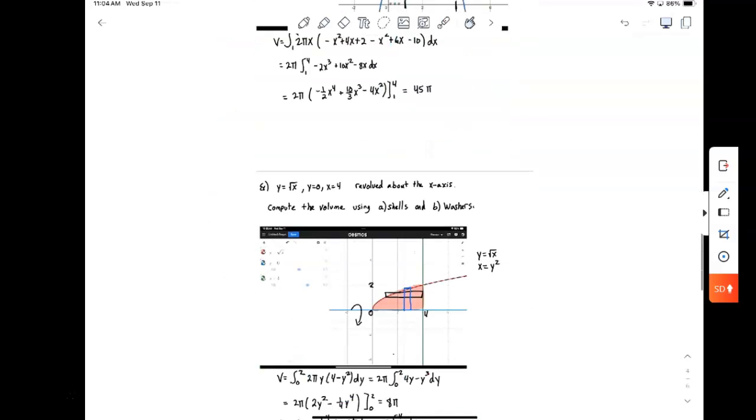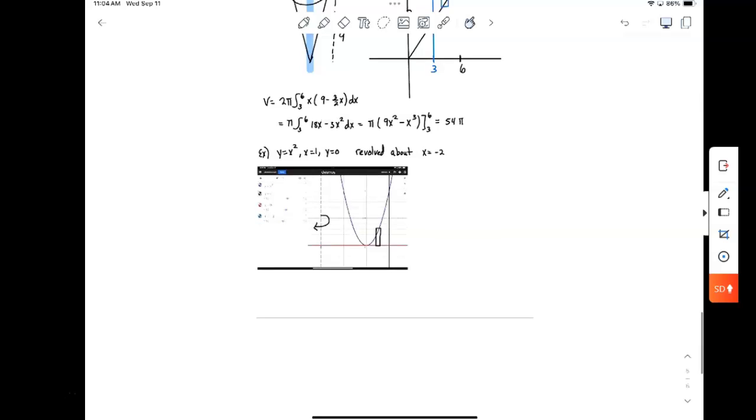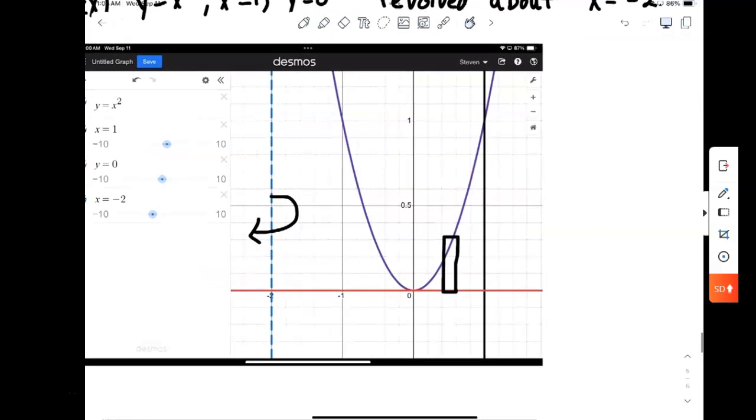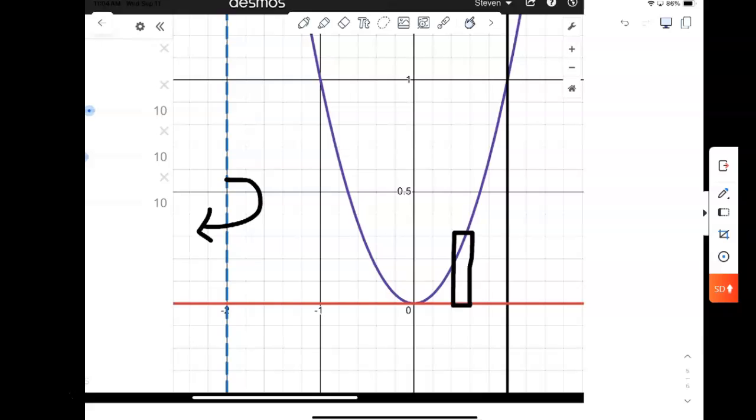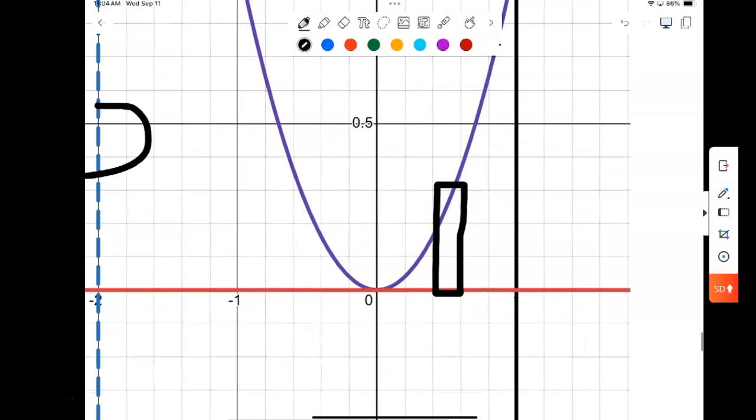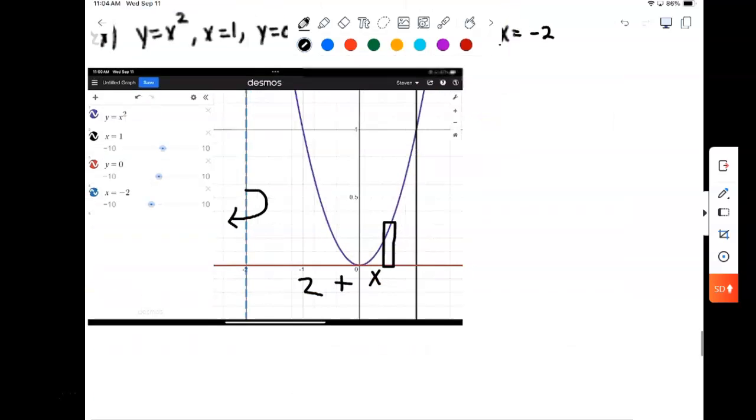So here we need to realize that what would have been x for us previously, if we were revolving about the y-axis, has to be adjusted for the new axis that we're going about. And so in this case, this would still be x, but now you have a gap of 2 extra units away from the axis we're rotating about.